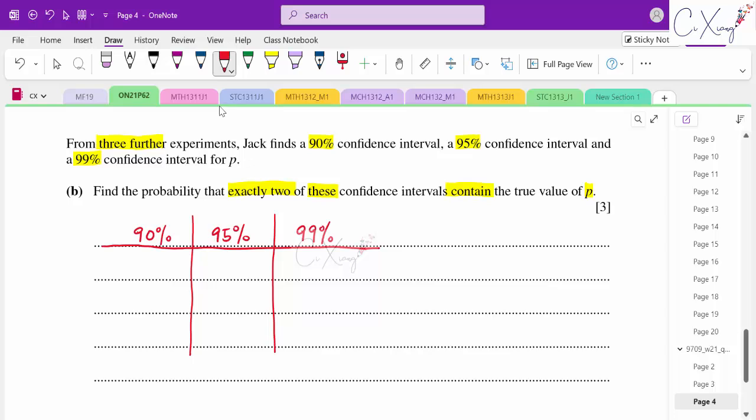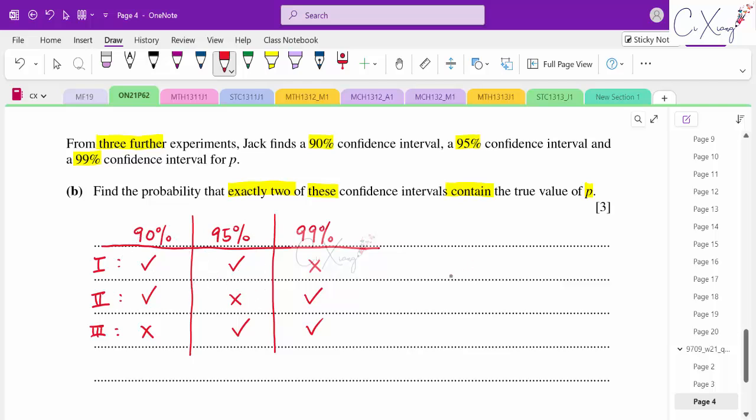Maybe the two confidence intervals that contain the value are the first and the second one, so the third one doesn't contain the P. Or maybe the first one contains the P, the second one doesn't contain it, and the third one contains it. So the next one is cross, then tick tick. From here you can see that for every single case, this is case number 1, this is case number 2, and also case number 3, there are two confidence intervals that contain the P.